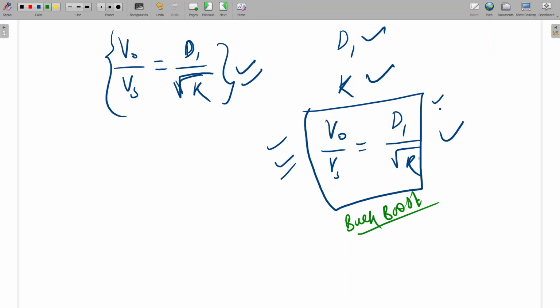Same kind of formula I will write for buck and boost. You can memorize that, but sometimes a plus-minus mistake will happen. If you know the basics, then it will be good. Is it clear to all?